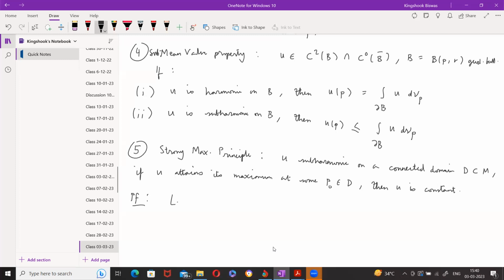So you let E be the set of points P in D such that U of P is equal to the maximum value U of P naught. Then, of course, P naught belongs to E, so it's non-empty. And by continuity of U, E is closed, right?